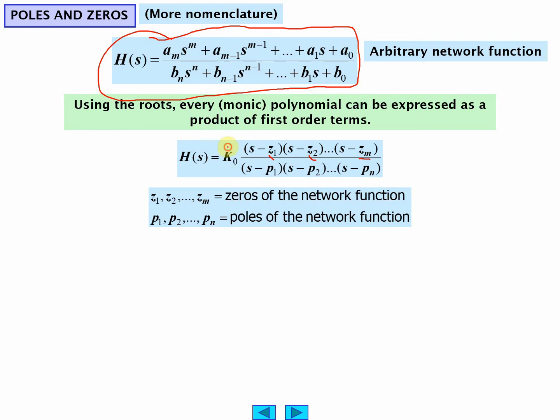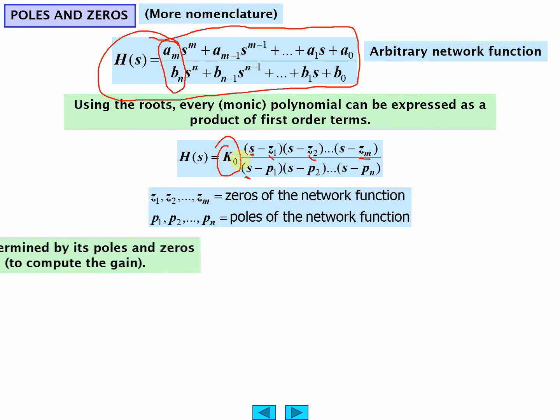And then this is just a constant factor right here. That constant factor, by the way, would be AM over BN, because you'll notice the leading term here is going to be S to the mth, and the leading term here is going to be S to the nth. So that tells you what K naught is.